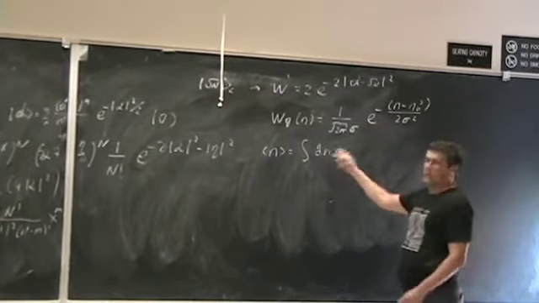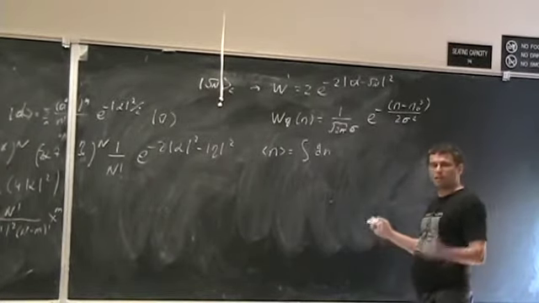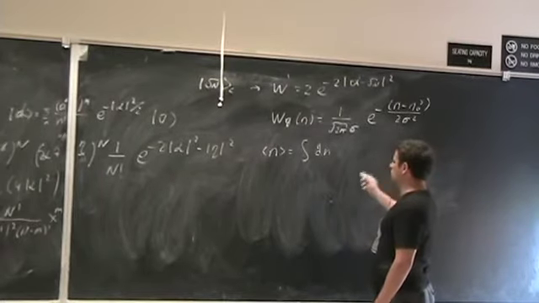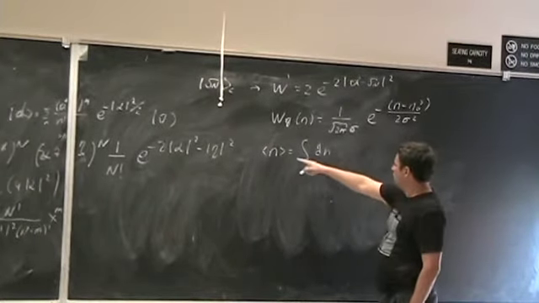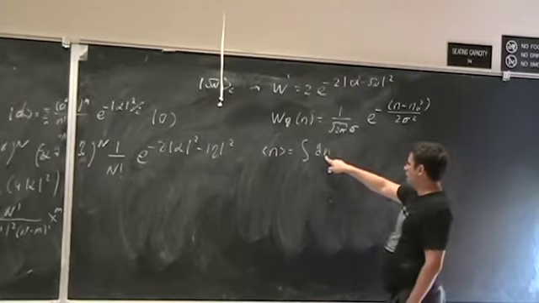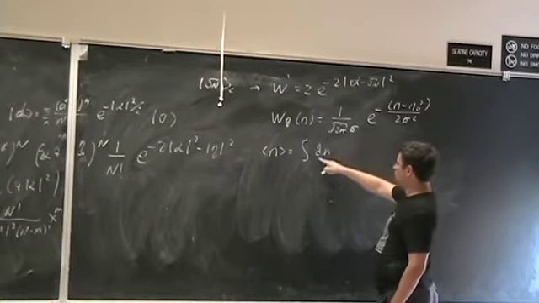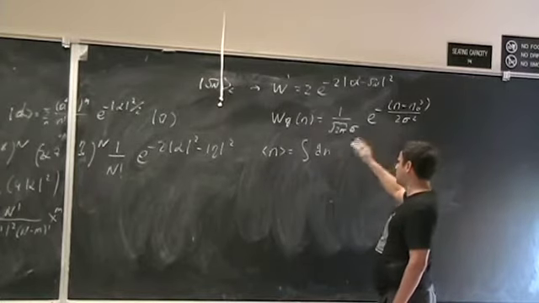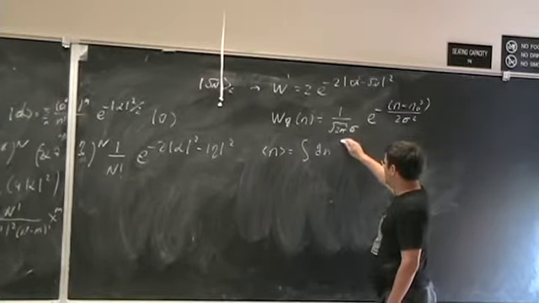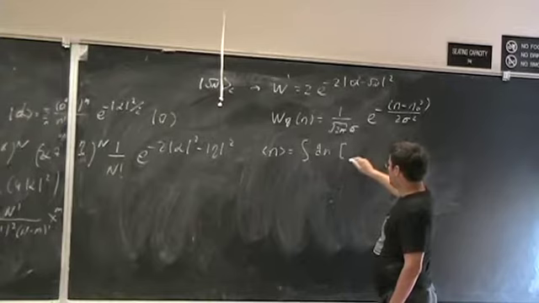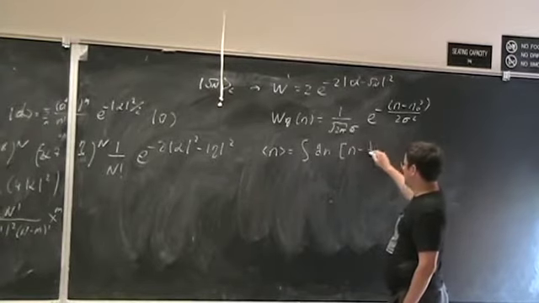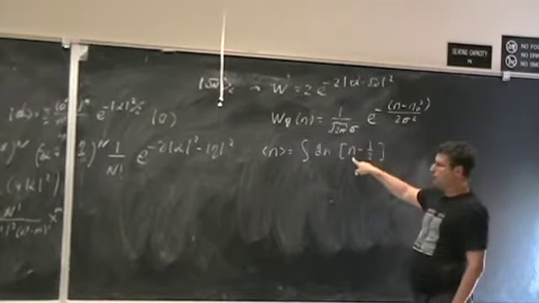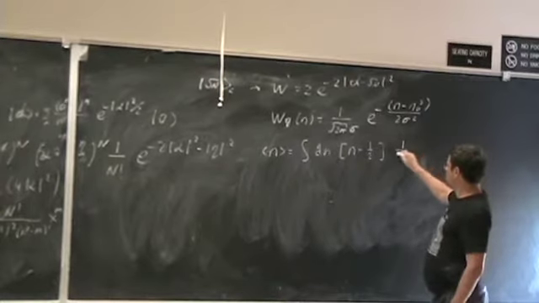Otherwise, I'll break symmetries, and it won't be a good Wigner function. So I have to integrate now over n. It's like d alpha star d alpha, some factors of pi. And then I have the Weyl symbol, I have to be careful, the Weyl symbol of n, and then my trial wave function.